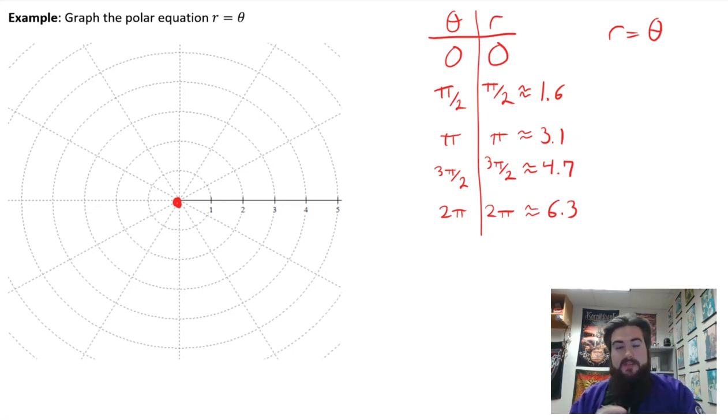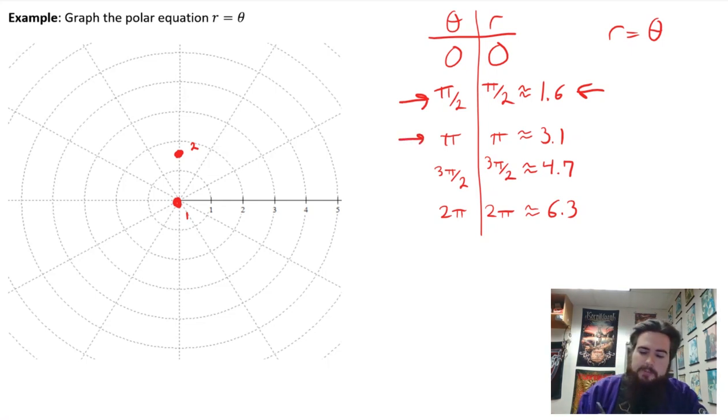To graph a point like this, I recommend thinking about this as face towards pi halves, and then walk a distance of 1.6. Face pi halves, which is akin to the y-axis on the Cartesian plane. So face vertically, and then walk a distance of about 1.6. Maybe about 1.6 is roughly here.